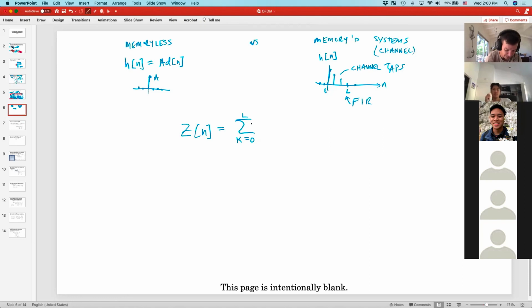We only get to clip it to the number of taps that you possess, h of k times s sub n minus k plus the noise sampled at the nth instant. You see that at time n, z of n holds data from L plus 1 symbols.